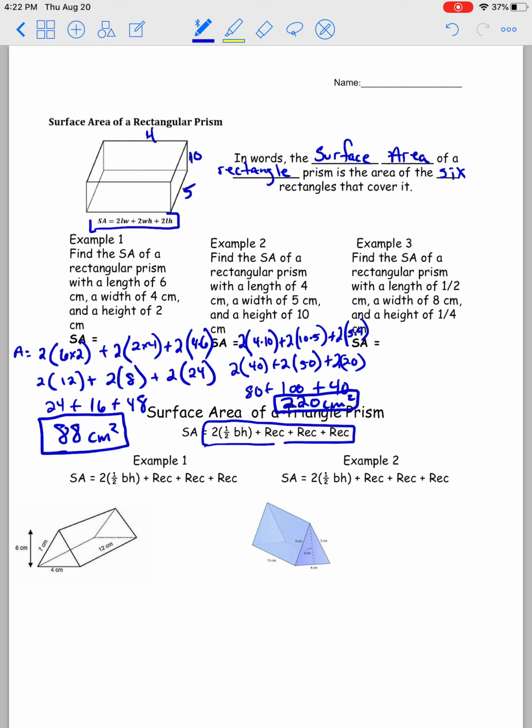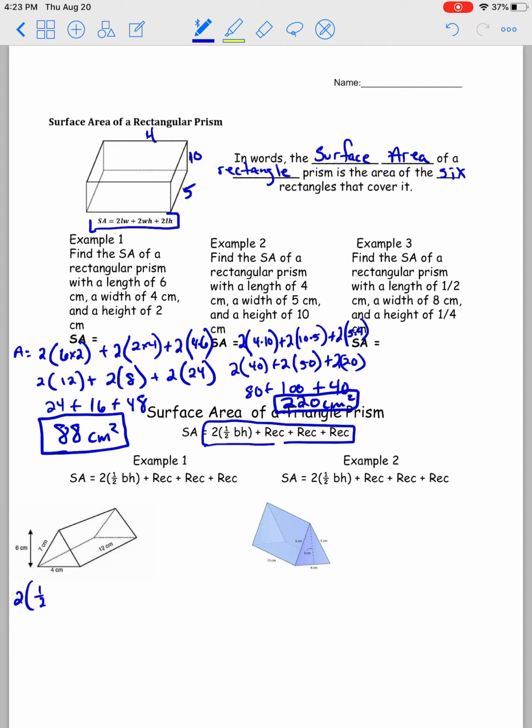Now, we know the triangle is 7 by 4 and it's 6 tall. So what's the area for the triangle? It's 1/2 base times height. So you have 1/2 times 4 times 6. And then you're going to multiply that by 2. Let me rewrite that and try to fit it in there a little bit better.